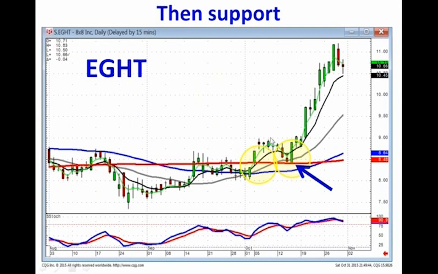So when we see something like this, where something comes up through the T line and comes back and finds a support level, the advantage we have, what is the blue line? The red line is the 200-day moving average. The blue line is the 50-day moving average, and the gray line is the 20-day simple moving average.